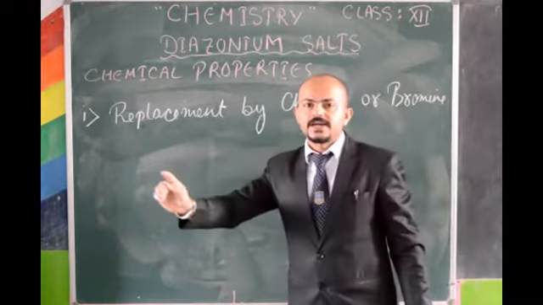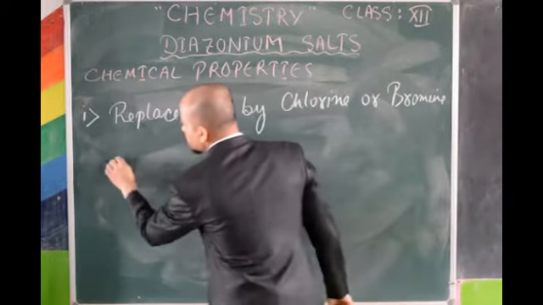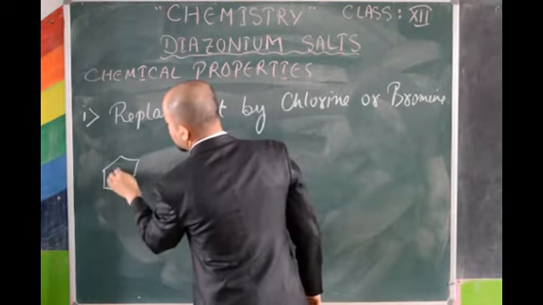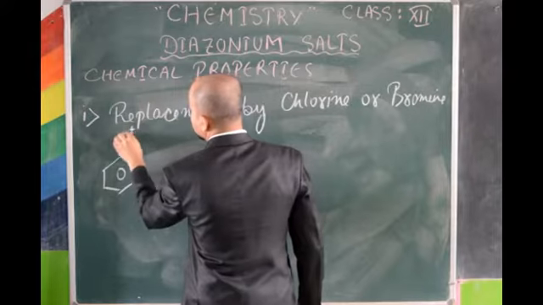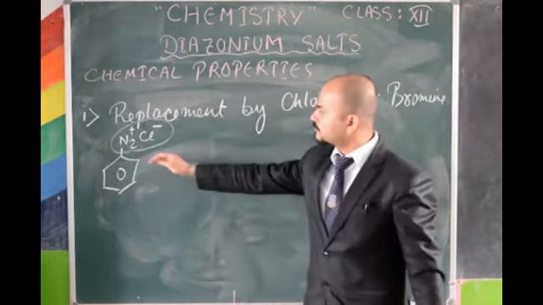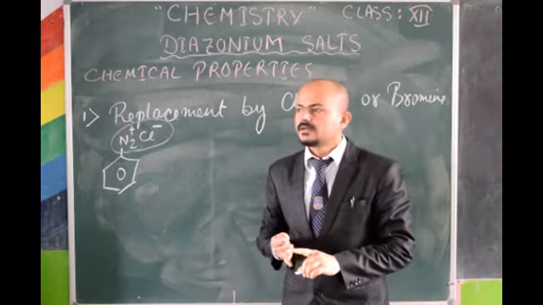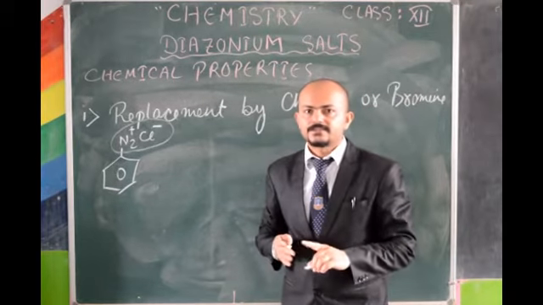In our previous video we had discussed replacement of this N2+ Cl- group, this entire group, with hydrogen, with the OH- ion, and with the nitro group, as well as fluorine.